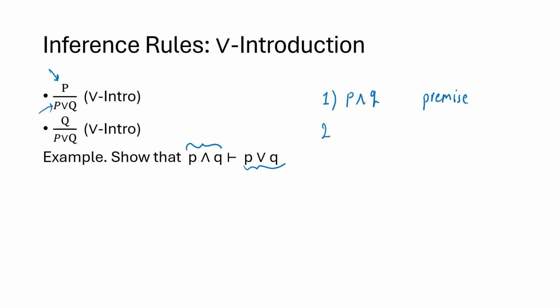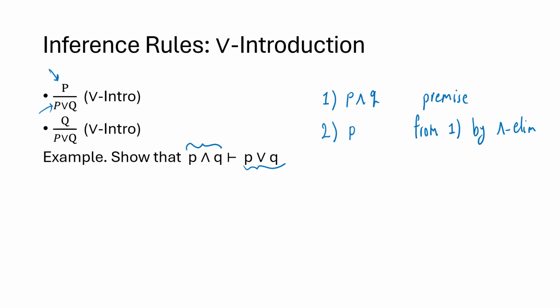Now, what I can do here is use AND elimination to get P from P and Q. So from line 1 using AND elimination. Because remember from the previous videos that AND elimination says from P and Q you can infer P and also you can infer Q.